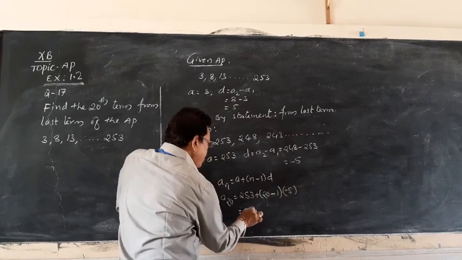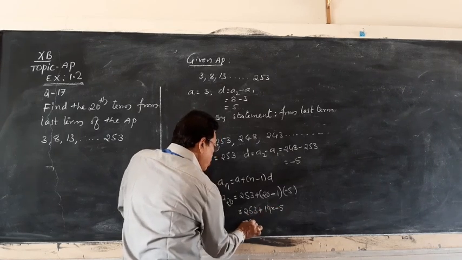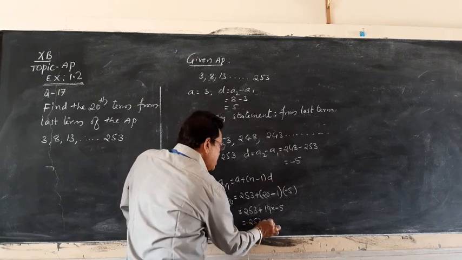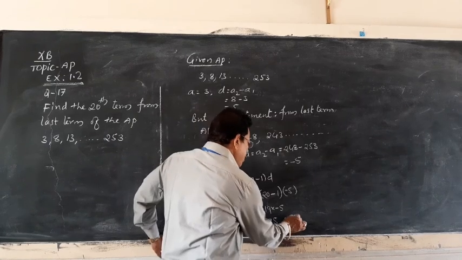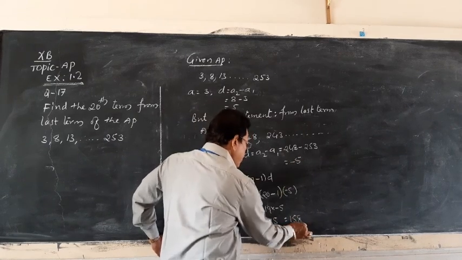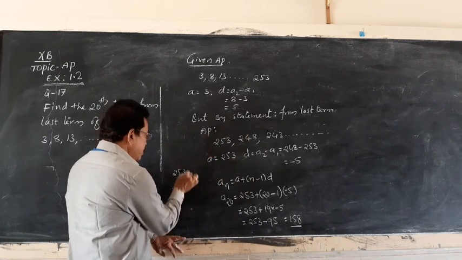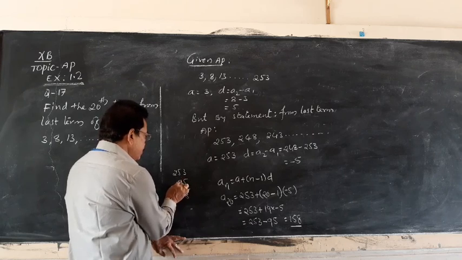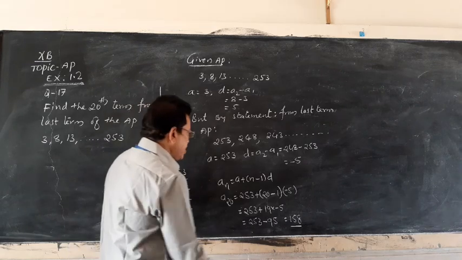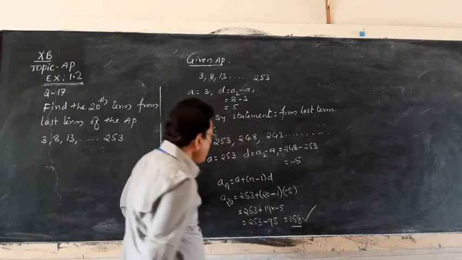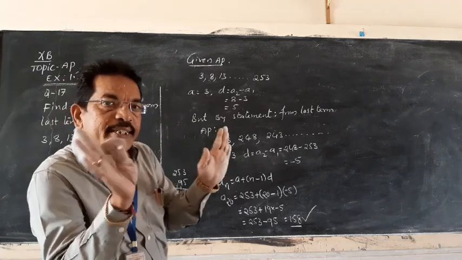Okay, 253 plus 19 into minus 5, 253 minus 95 equals 158. See, 253 minus 95, that is 158. So 158 is the 20th term when the given AP is written in reverse.